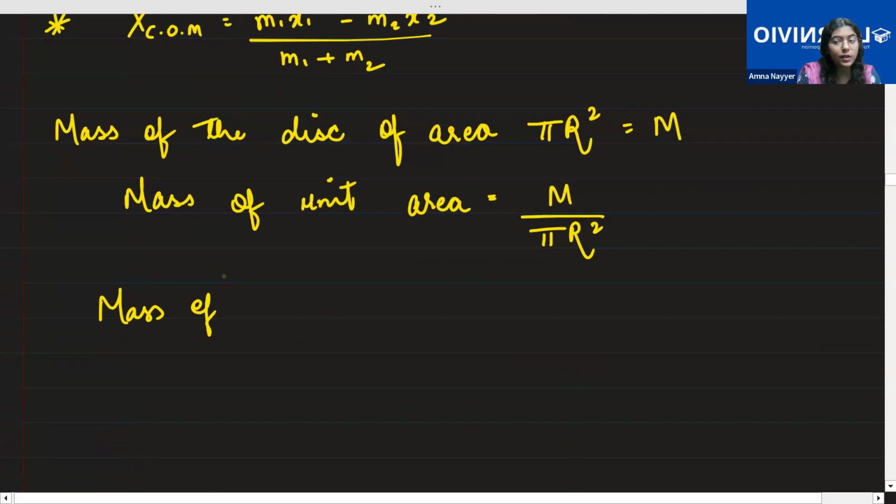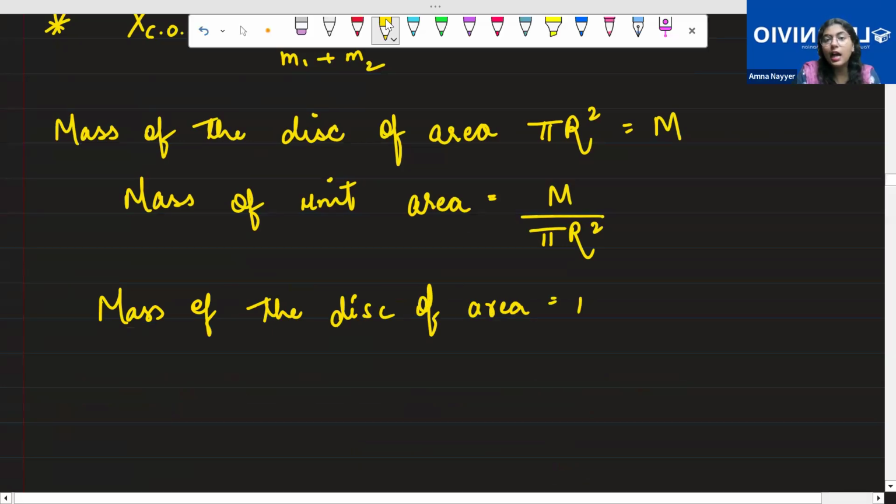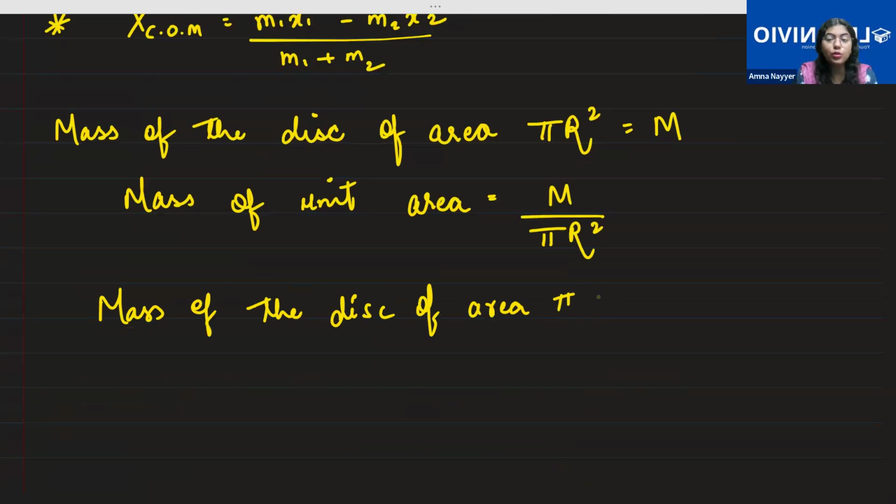Now what do we want to find out? I want to find out the mass of this cut-out portion that has been thrown away. This is r by 2 is the radius. So the mass of the disk of area pi r by 2 whole square, which is pi r square by 4, will be M by pi r square into pi r square by 4.